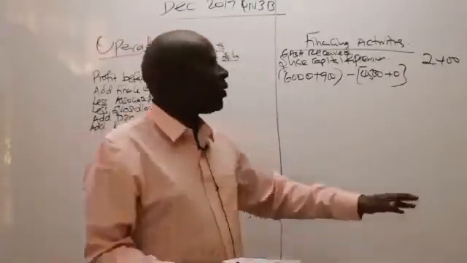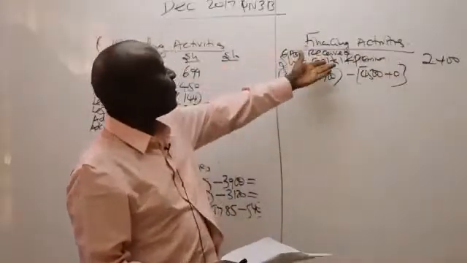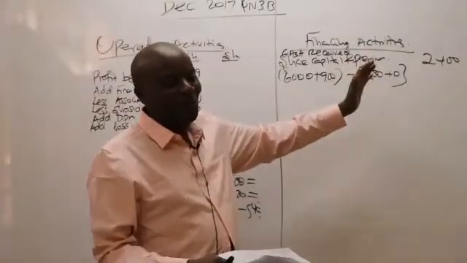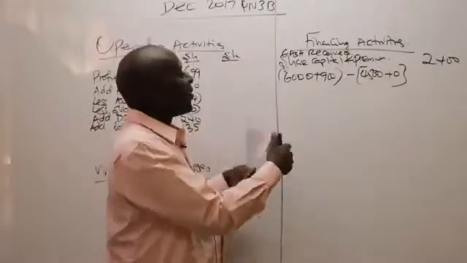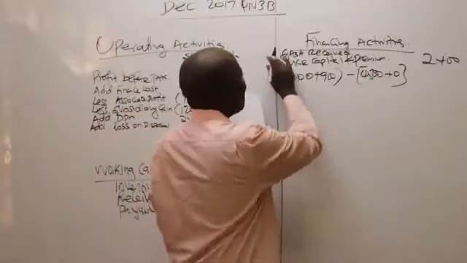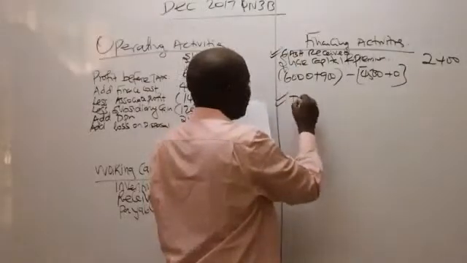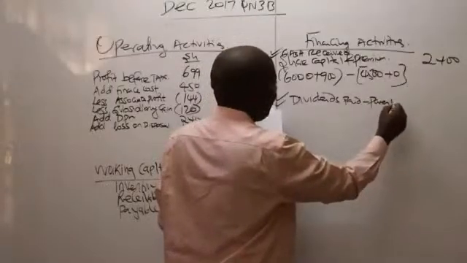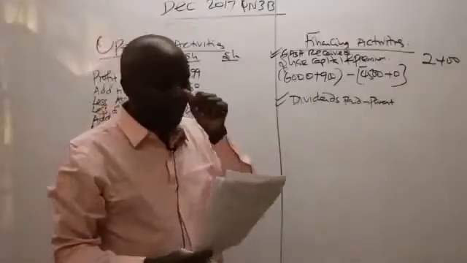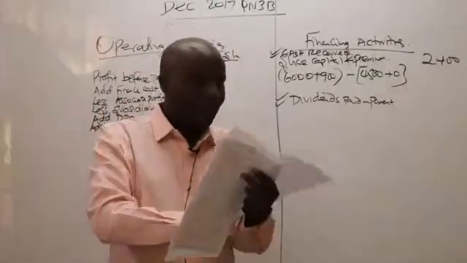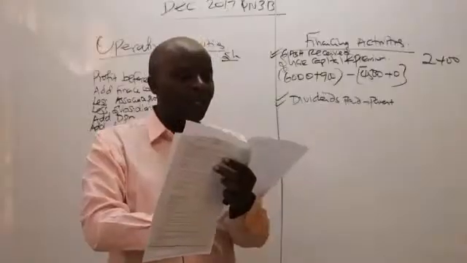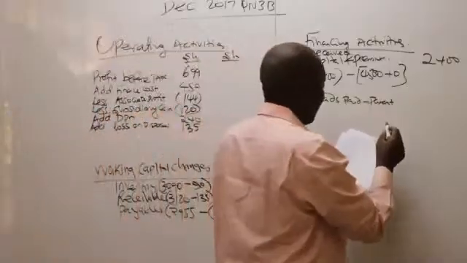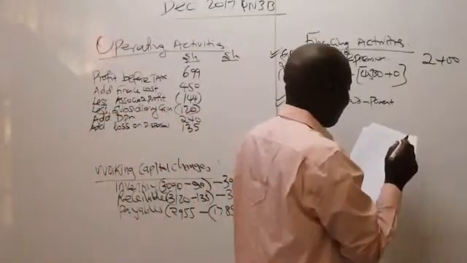Even if it is negative, it doesn't matter. You just put even a negative. Leave those narrations. In narration the examiner doesn't even look. Even if you just write share capital and premium. Leave too many words today. Now write financing for me here. So you have said dividends paid, these people financed you, so dividends paid. Are you able to see the parent? How much did they pay? The dividends that we paid to the parent shareholders. Which note number is it? Note number 5. They say dividends paid by the holding company during the year.